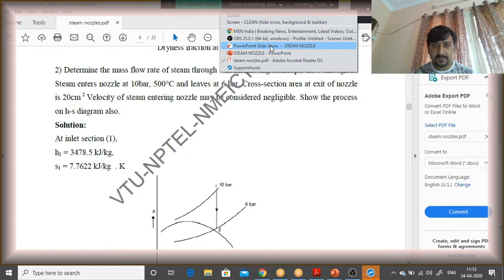So the inlet pressure is how much here? The inlet pressure is 10 bar and 500 degrees Celsius is the inlet temperature. Okay, so then what else? 20 centimeters square is the exit area.